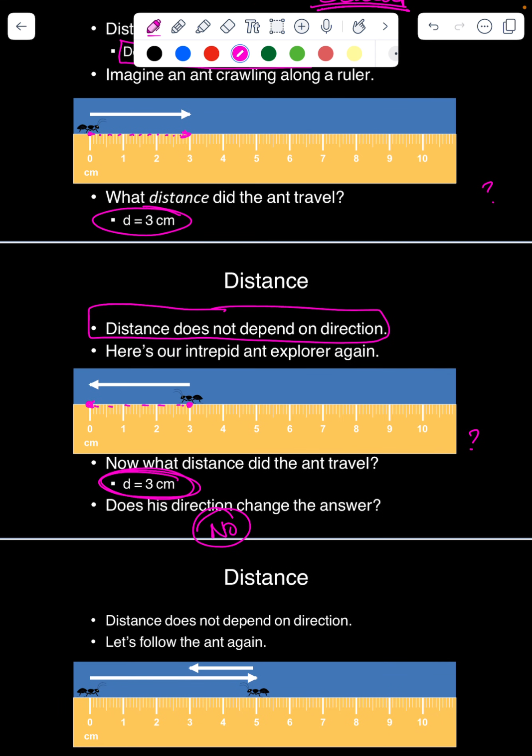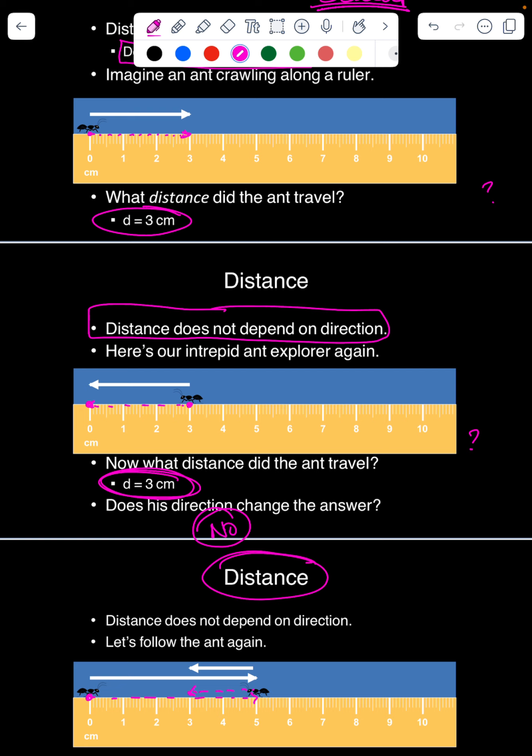All right, now we have the same ant. Now he's starting at 0, traveling to 5, but then, oh, he forgot something, and he's going to turn around and go to 3 centimeters. So again, distance is looking at the entire path.